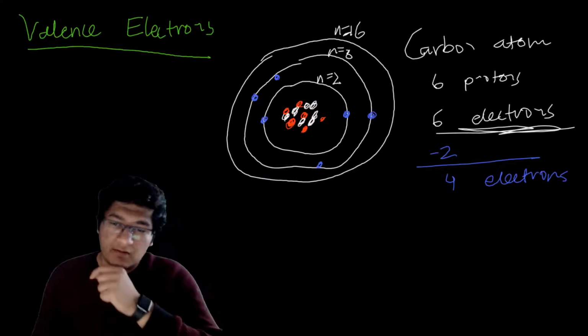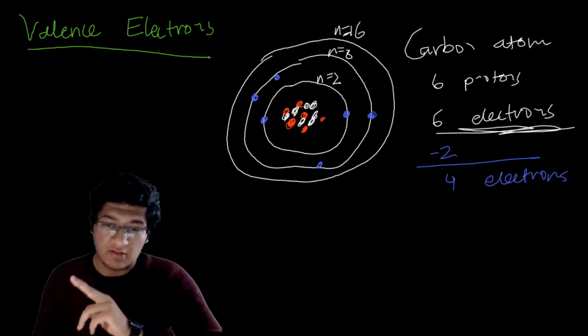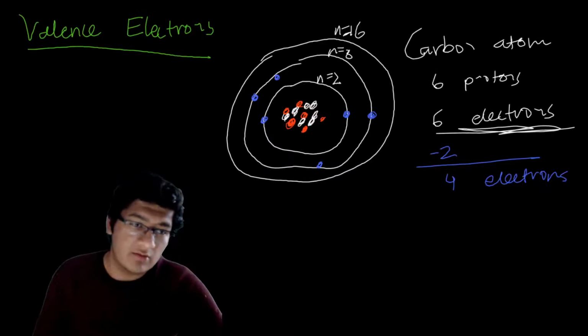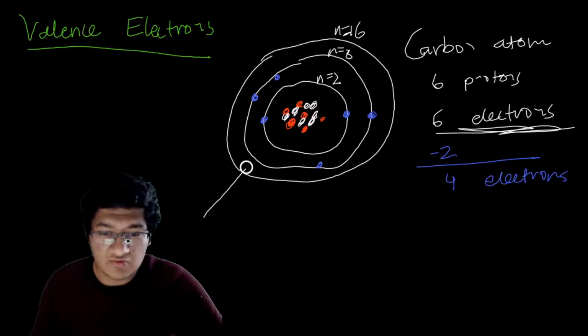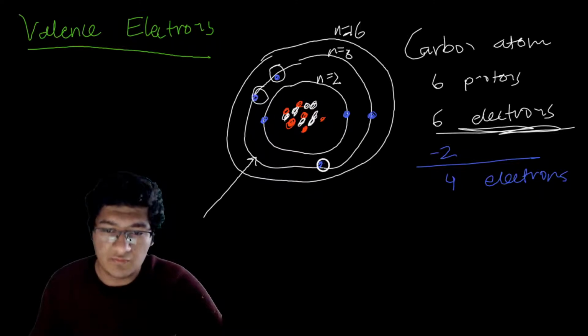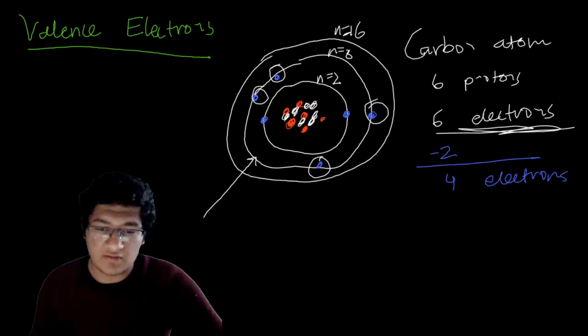So carbon will only have 2 shells, and its outermost shell is very important. The outermost shell is this shell, which has 1, 2, 3, 4 electrons.